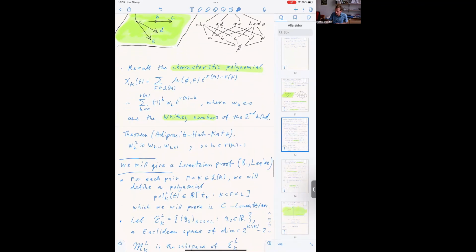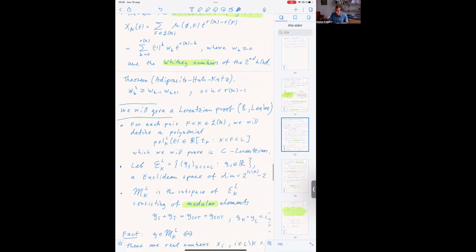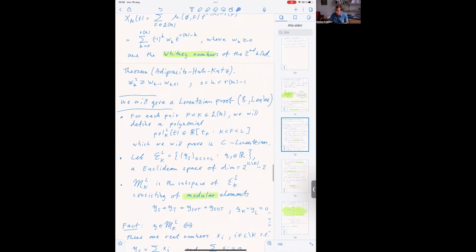And the seminal results, so first Heron proved it in the case when the matroid is representable over characteristic 0, and then Huh and Katz proved it in the case where you're representable over any field, and then Adiprasito, Huh and Katz proved it in general using Hodge theory for matroids, that log-concavity of these Whitney numbers of the second kind.